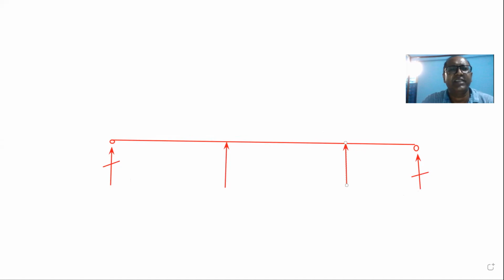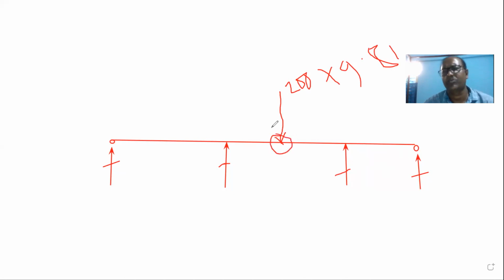Otherwise, you have a big ship that will break down. Now, if you load over here directly, say you are standing, your weight 200 kg. How much load? 200 kg into 9.8, that will be Newton, right? This load is called a concentrated load, working at a single point.